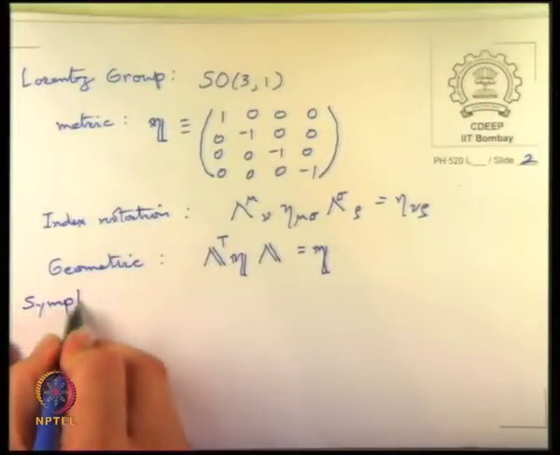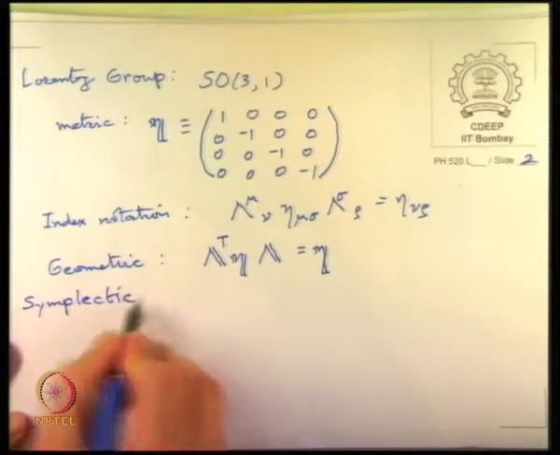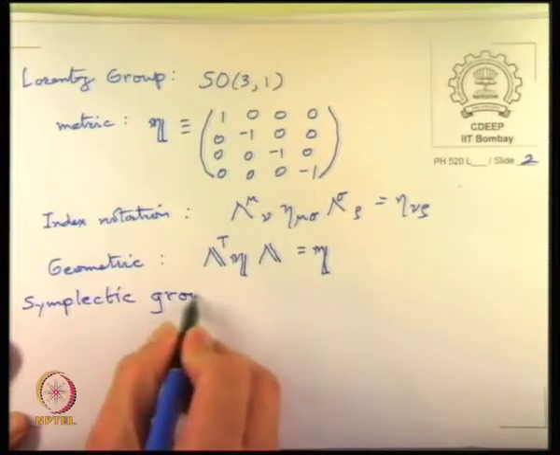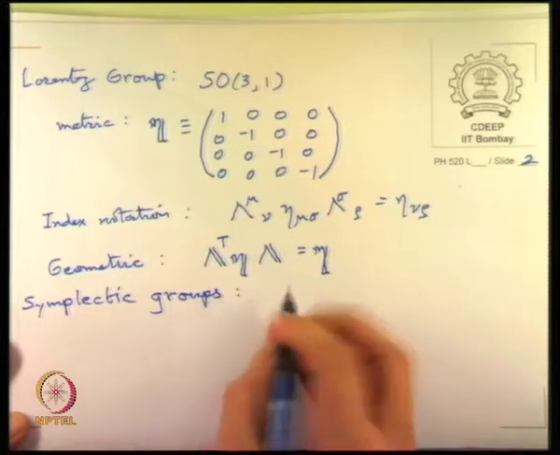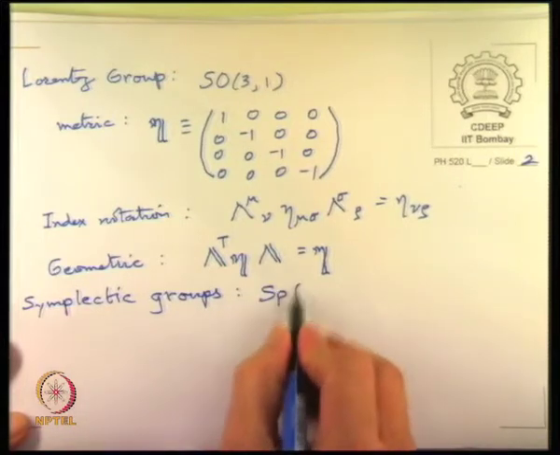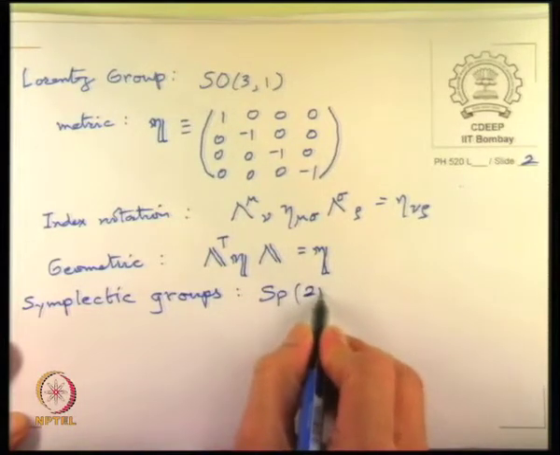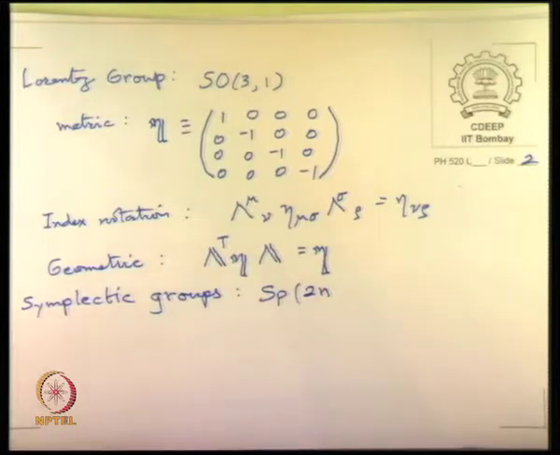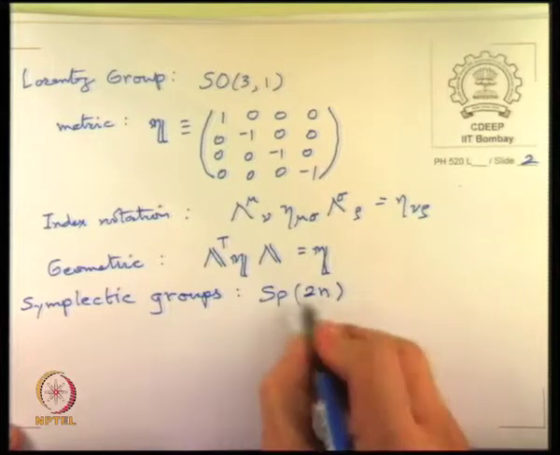finally we did the symplectic groups, which were Sp(2N), and I think I didn't write any R or C in it. We just call it Sp(2N) for the time being.